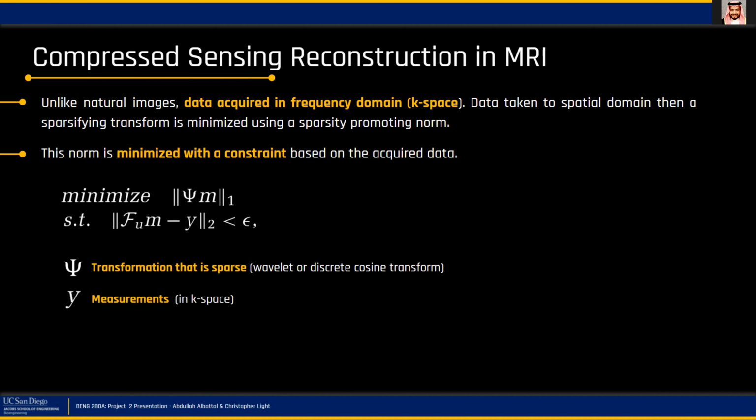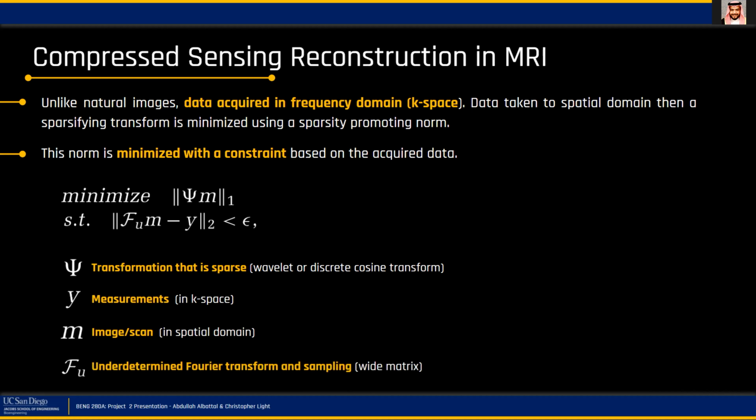And then we have Y, which is the measurements in k-space. In natural images, usually the measurements that we're trying to put the constraint on are in the spatial domain. And then we have the image in the spatial domain, and then the undersampled Fourier transform and sampling.